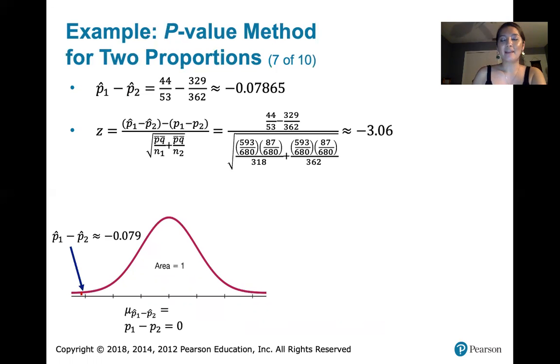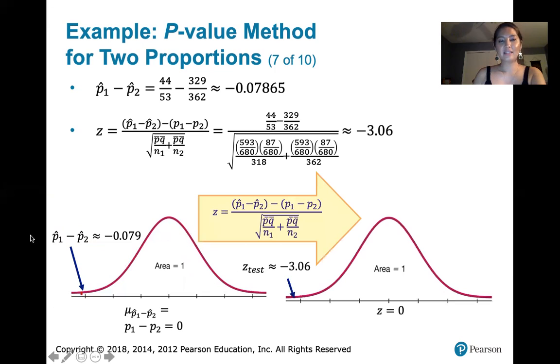Then the P1 hat minus P2 hat that we found is actually 3.06 standard deviations below the mean. And that's relatively rare, pretty rare. The probability associated with that is this area in that left tail, and it's tiny.